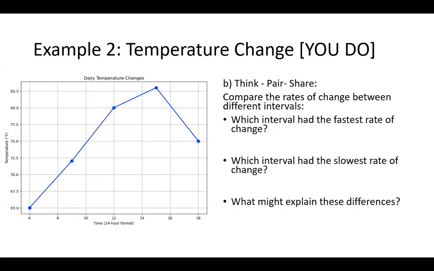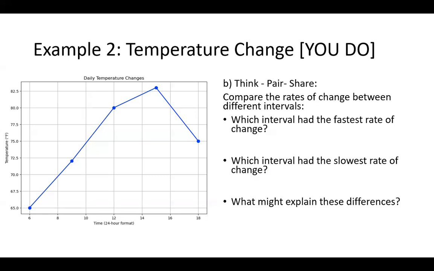But you're saying where was it the fastest? Where did the change happen the slowest? And what might explain why these changes are happening, right? That's getting you to think about what did you learn in science about what causes us to be cold and what causes us to be hot? If you don't know, my 5-year-old can come teach a lesson on it for you.